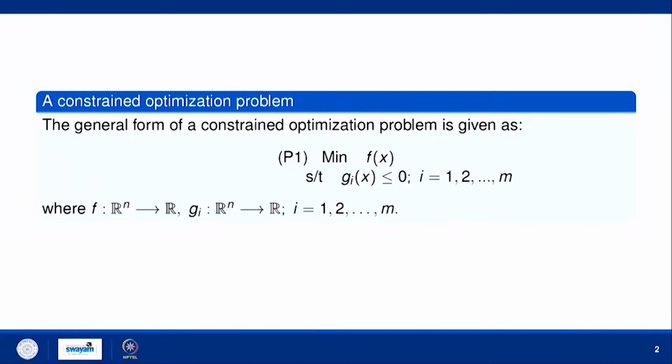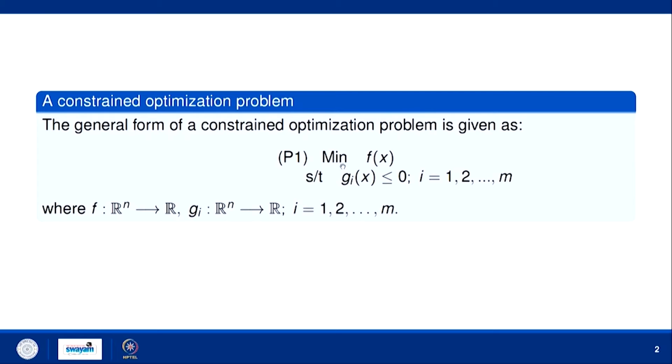Now, there are different types of constrained optimization problems. This problem P1, depending on the choice of the function f and depending on the choice of the g_i's, may be classified into different categories. First of all, the simplest one is the linear programming problem, which we have already studied in our previous classes. What is a linear programming problem? If f and all constraints are linear, then such problems are called linear programming problems.